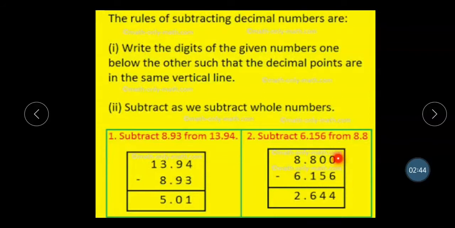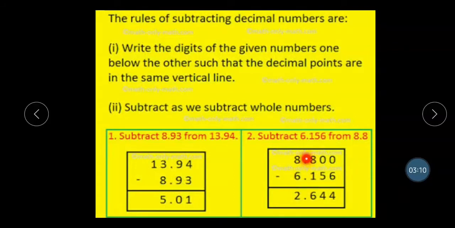So 0 minus 6 is not possible, so we will write here 10. 10 minus 6 is 4, as it has borrowed from the first one. So we will write here 9. 9 minus 5, 4. 8 will become 7. 7 minus 1, 6. This will be as it is. 8 minus 6 is equal to 2.